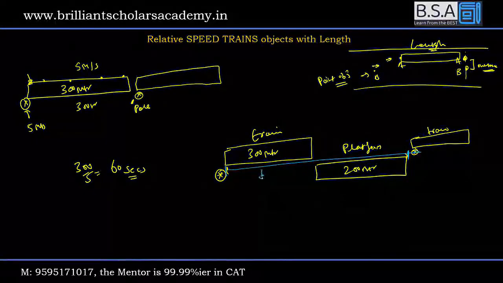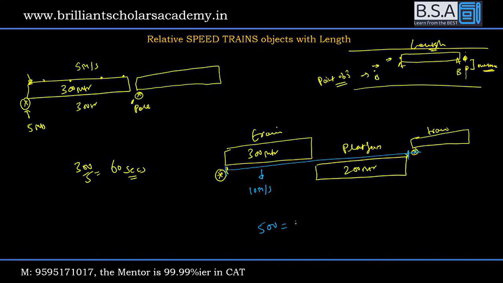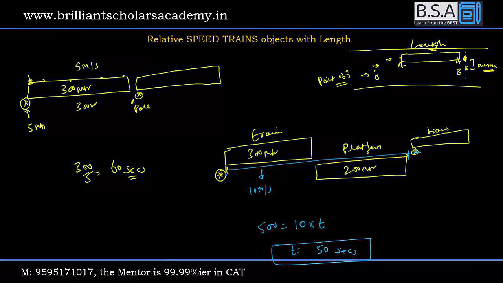If I again imagine the speed is, let us say, 10 meters per second, then a distance of 500 at the speed of 10, how much time will it take? It will take 50 seconds for the train to cross the platform. So don't create formulas like LA plus LB upon SA SB. Don't do that. You visualize the train has to cross the entire platform.